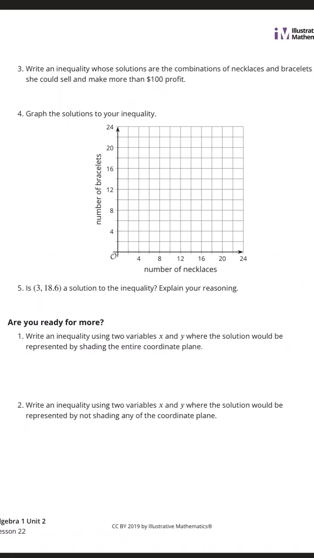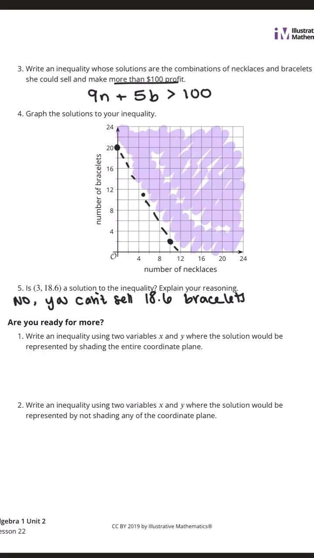Questions 2, 3, and 4 go up to the point where you're graphing your inequality. Try this on your own first, and then when we look at number 3, it asks you to write an inequality so that she makes more than $100. So that just changes the symbol from an equal sign to a greater than sign.